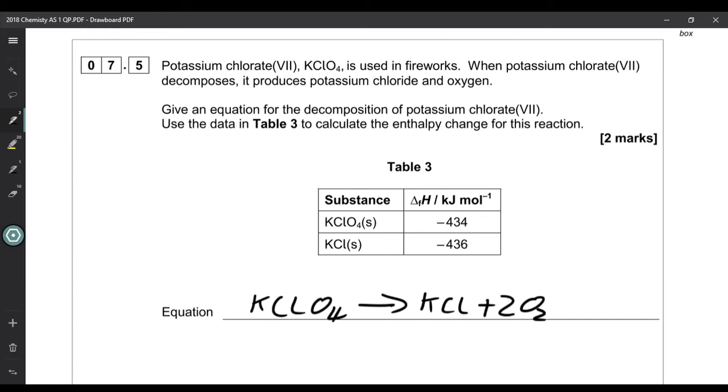So now we've been asked to calculate the enthalpy change for this reaction.